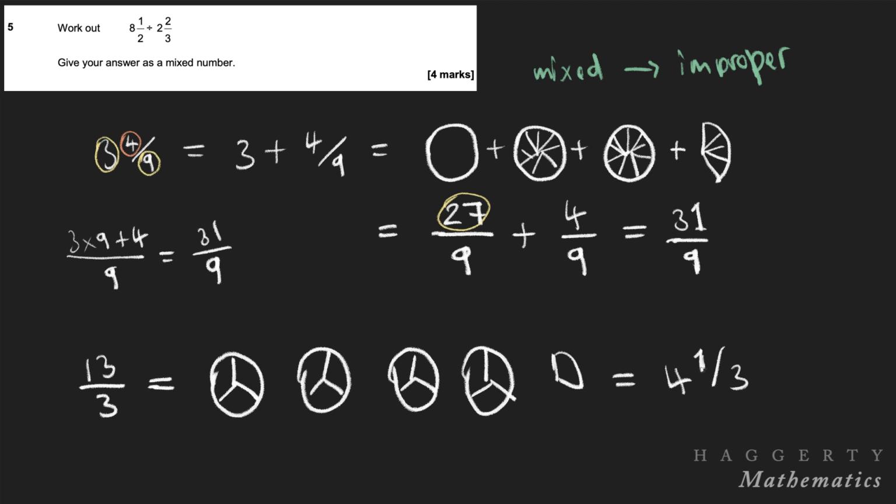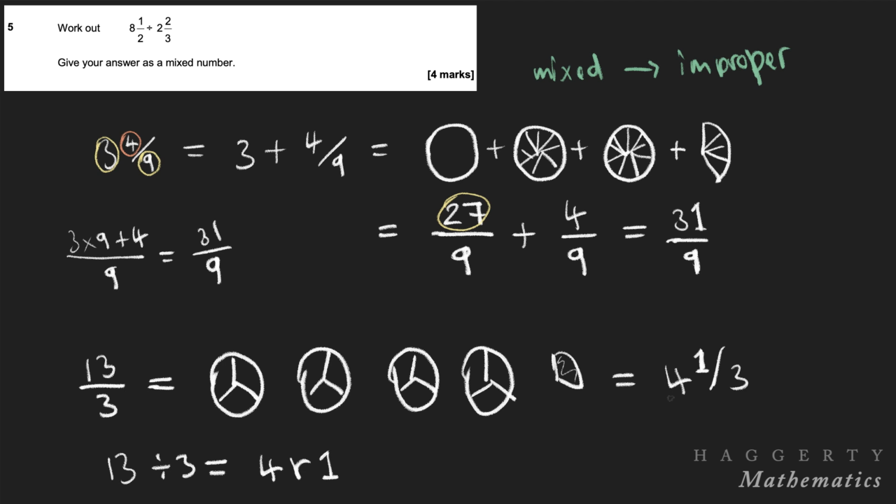So how can we do that without drawing all these funny little pictograms? Well, you can divide the 3 into the 13, and that's going to give you 4. Here's how you might do it in primary school: 13 divided by 3 is 4, and then there's a remainder of 1. That remainder is essentially how many thirds you have on the end. So we have 4 and 1 third.